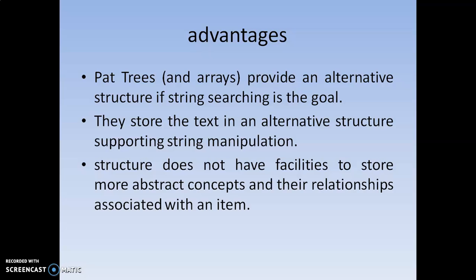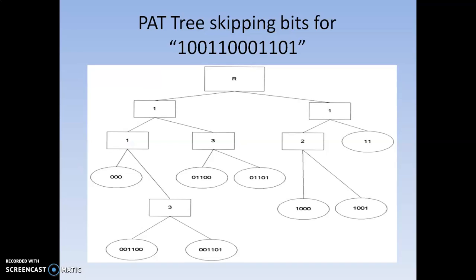Whereas inversion lists make it possible, but in tries and N-gram data structures these concepts and their relationships are not possible. It is one of the alternative structures. It is used to identify the substrings and continuous data. So these are the various advantages of the tries.